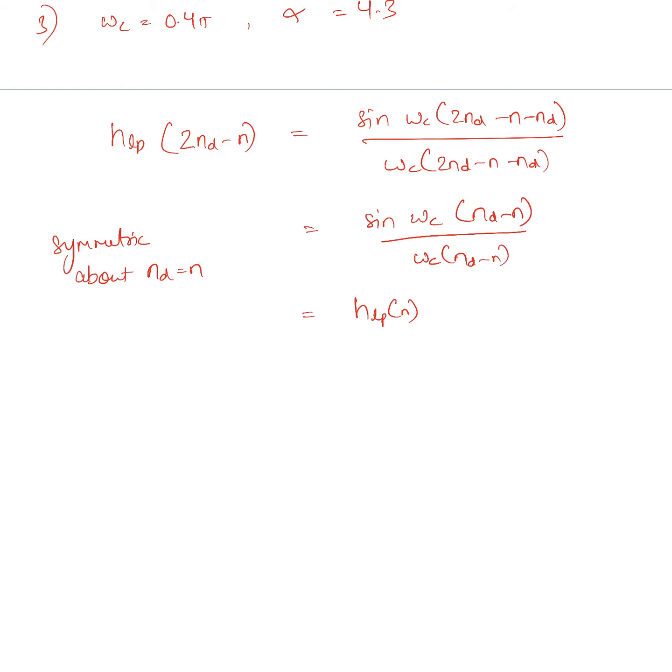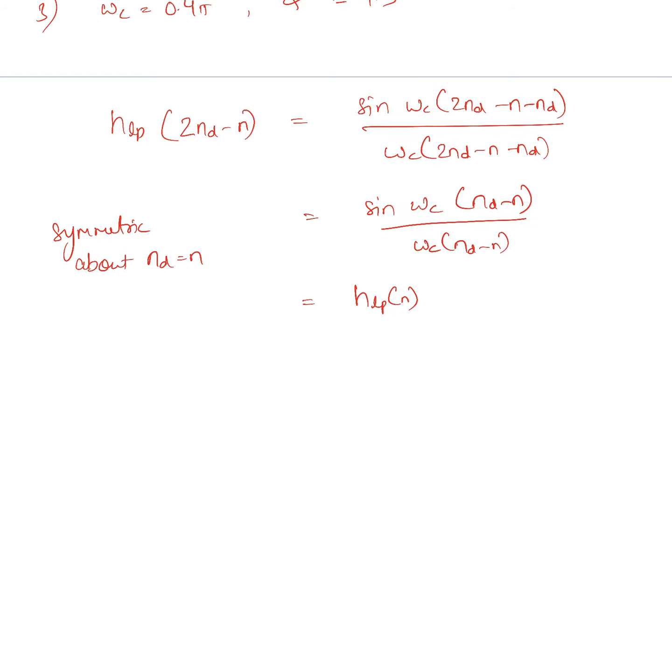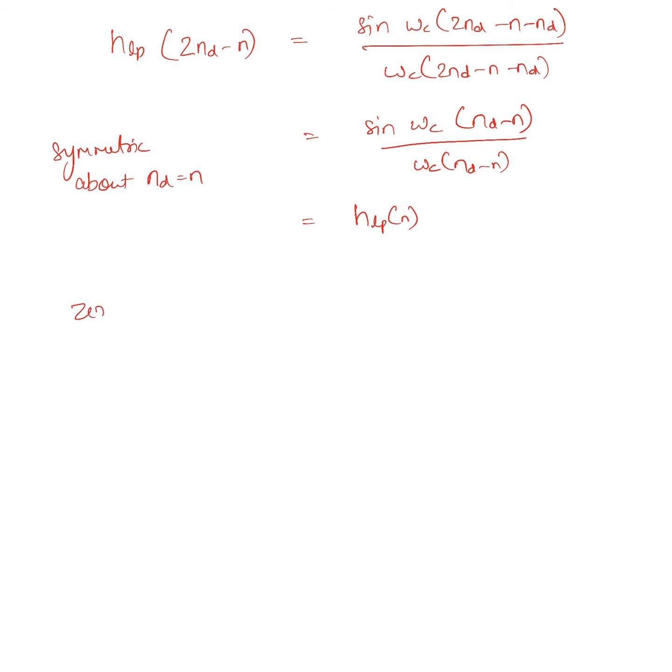So in this case we could in fact define a zero phase system. That zero phase system can be defined as h hat lp e raised to the power j omega equals HLP, the actual low pass filter, times e raised to the power j omega nd.